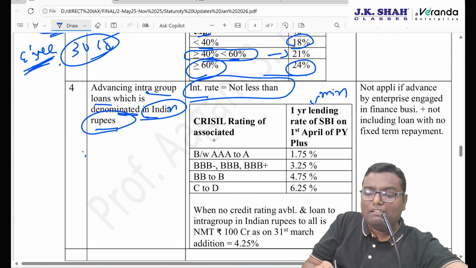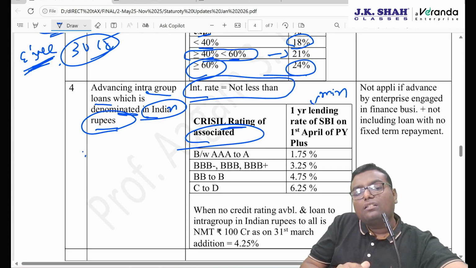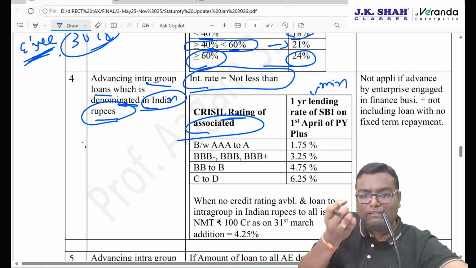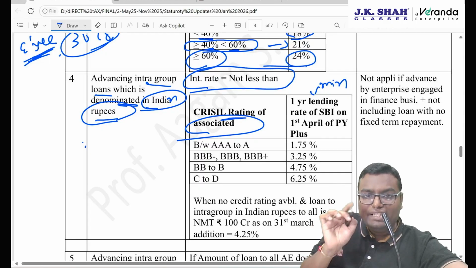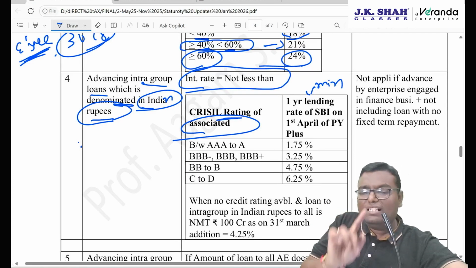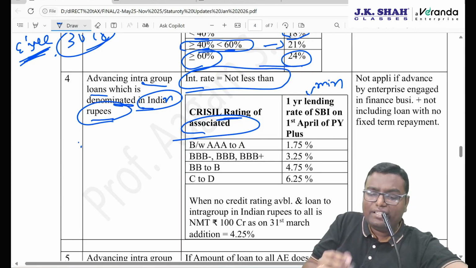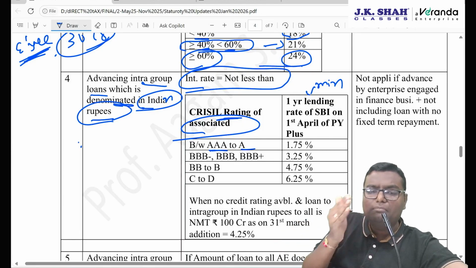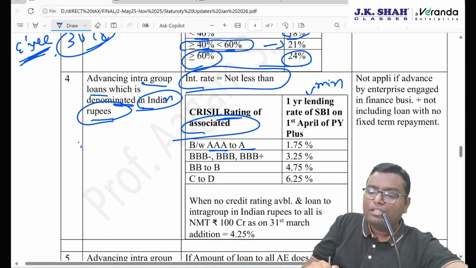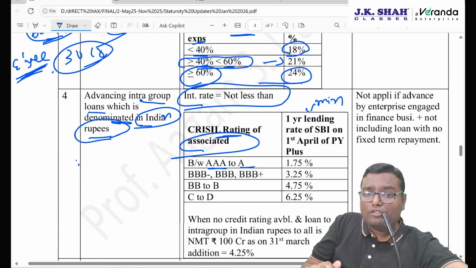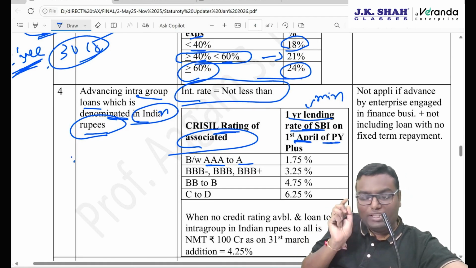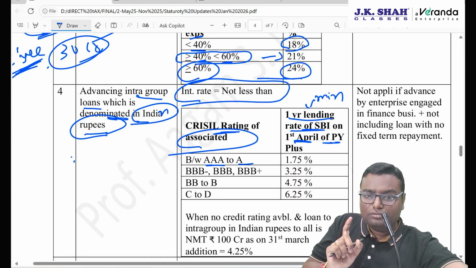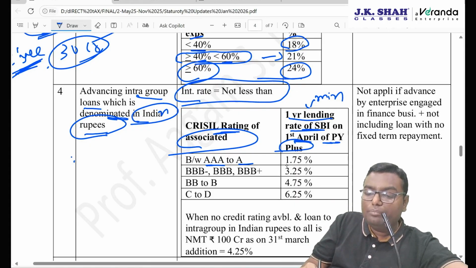Interest rate should not be less than this minimum. First, you have to see what is the rating of that associated enterprise. If that person has a good rating, then interest will be lower. If that person does not have a good rating, interest will be higher, obviously. If that associated enterprise has a debt rating, CRISIL rating of AAA to A, somewhere AAA, A minus, double A, etc., then your interest has to be the 1 year lending rate of SBI on the 1st April of the previous year, plus 1.75%.